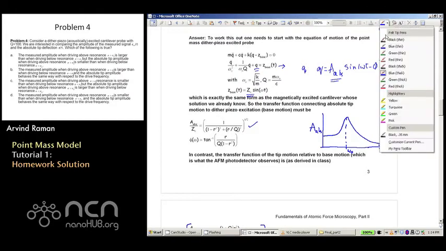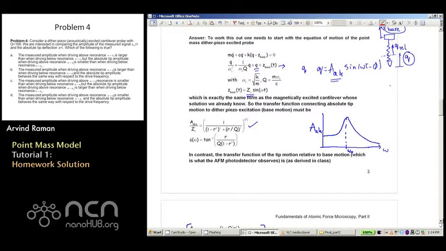And if you recall, the shape of the magnitude of that transfer function takes the following form, and I might try to display it on the same axis by plotting A rel here. That takes a very different form, and that actually does this. Something like this, as we discussed in class.